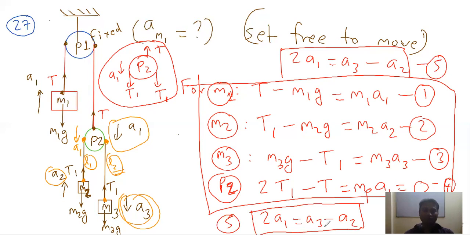If I solve these 5 equations, how many unknowns do we have? T, T1, A1, A2, A3. So 5 unknowns and 5 equations, so we can solve them.